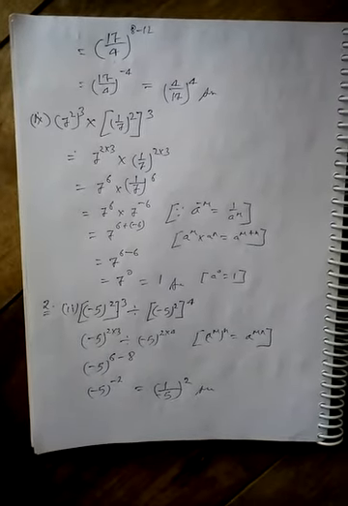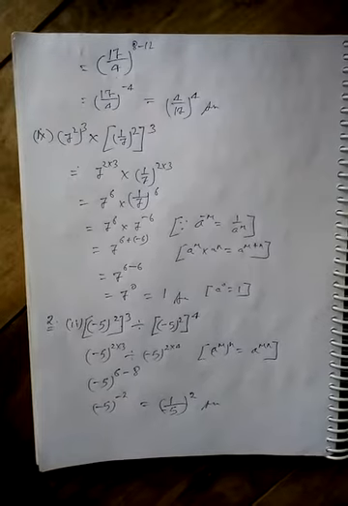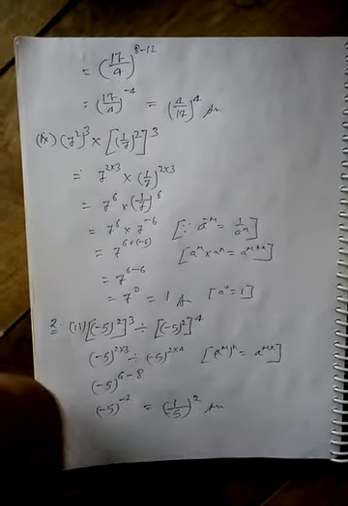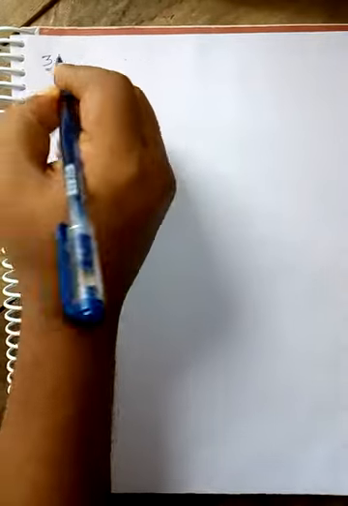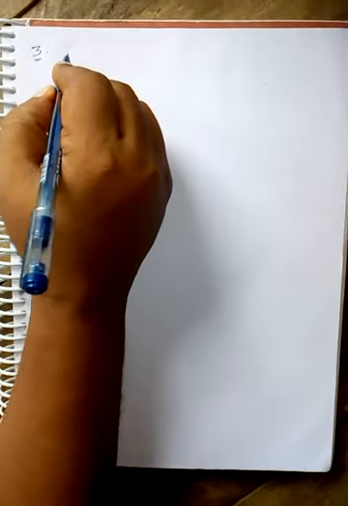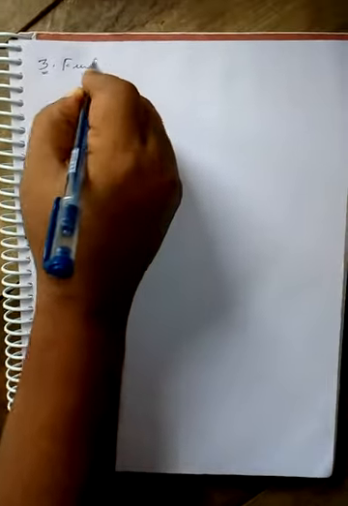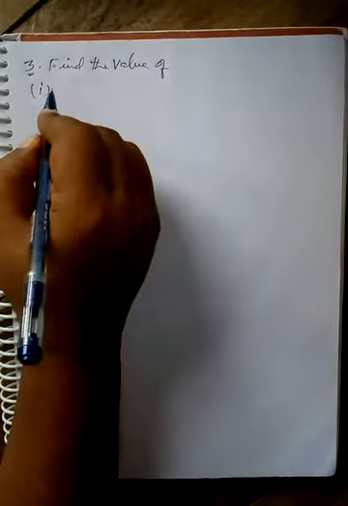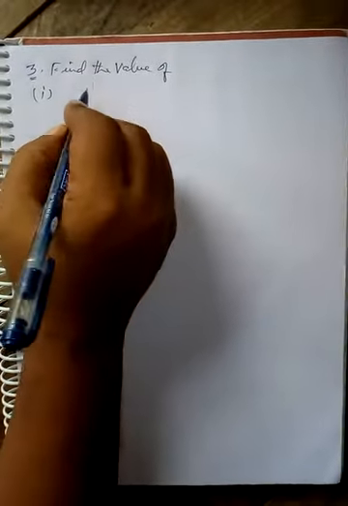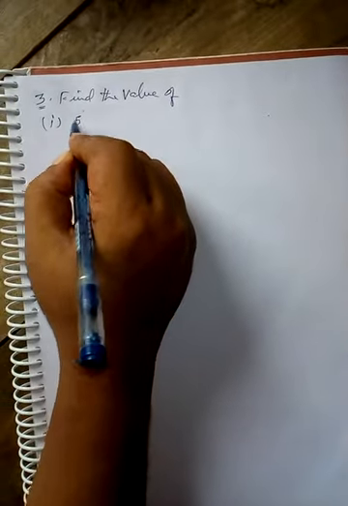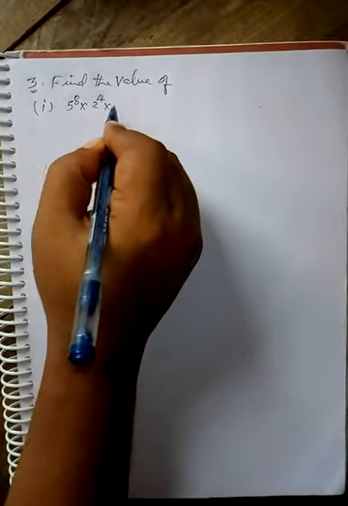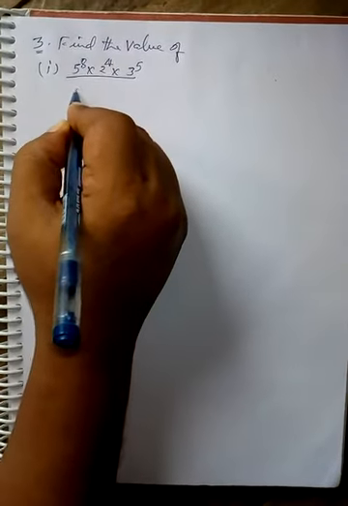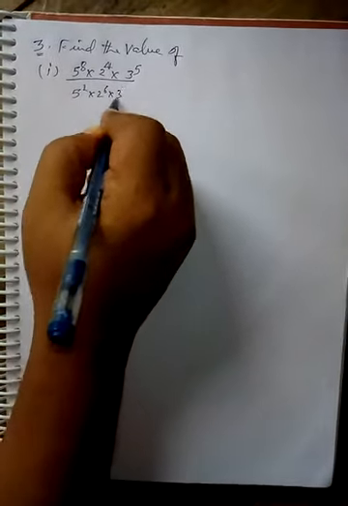Next question is the third part on the next page. Find the value of the first: 5^8 into 2^4 into 3^5 divided by 5^2 into 2^6 into 3^7.